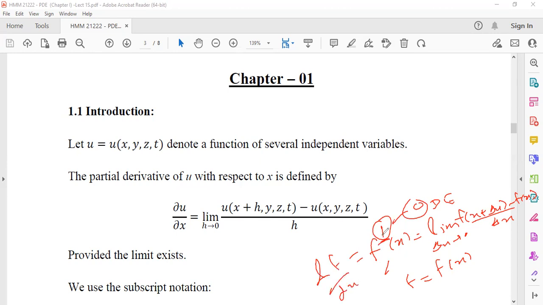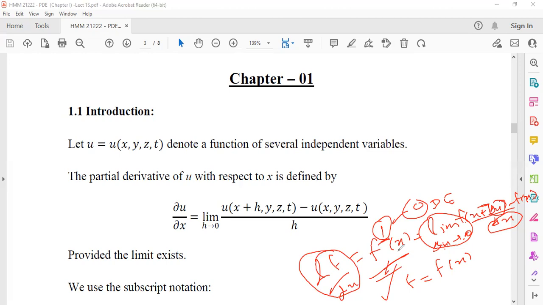So f dash x is also in this form. We increment x by delta x in f of x, then subtract that value f of x, then divide by whatever we incremented, delta x. Then we take the limit as delta x becomes very small, it means tends to 0. That is the value. It's the definition for the differential equation.